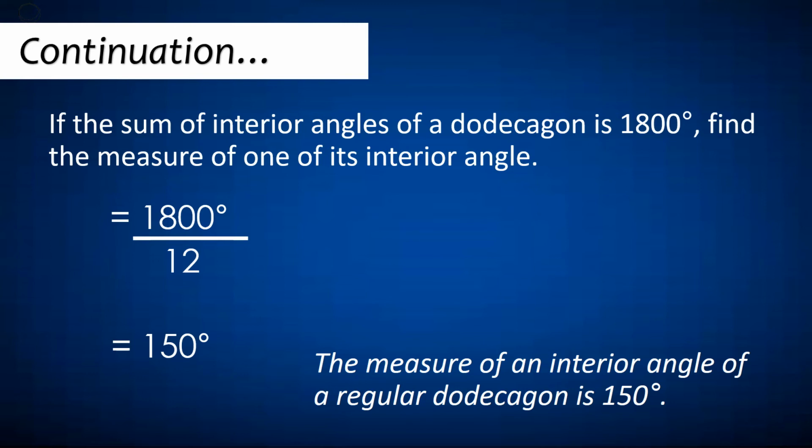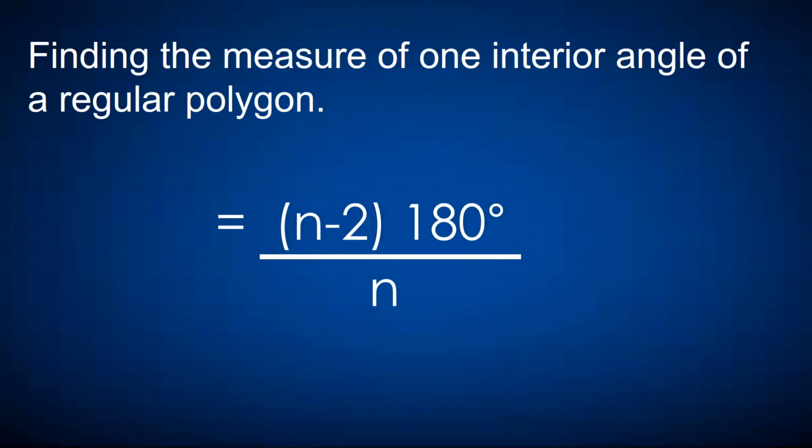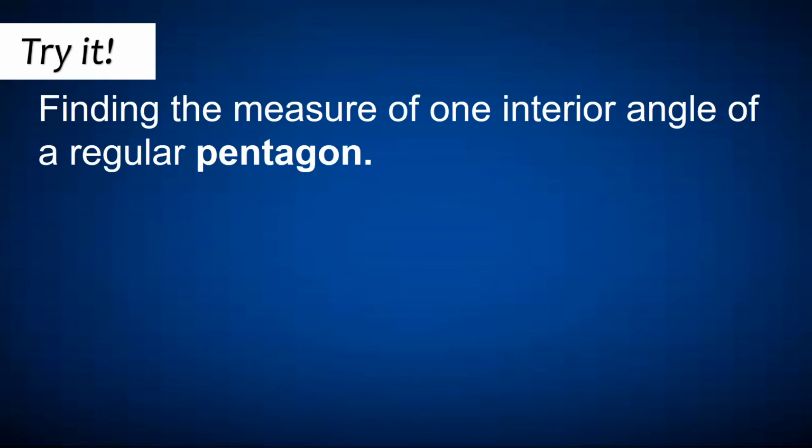So let's try. So finding the measure of one interior angle of a regular polygon, we can use the formula n minus 2 times 180 over n. So yan din yung ginawa natin kanina. Ito lang yung formula na general. So paano ba daw natin gagamitin yung formula na yan? So let's try. Finding the measure of one interior angle of a regular pentagon.